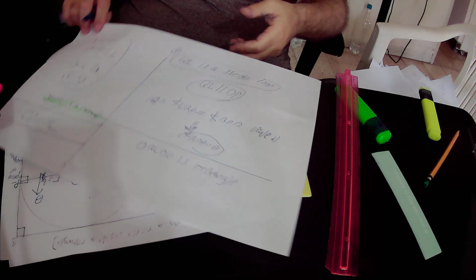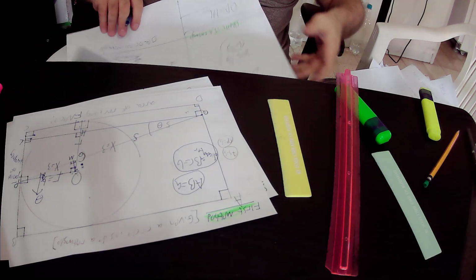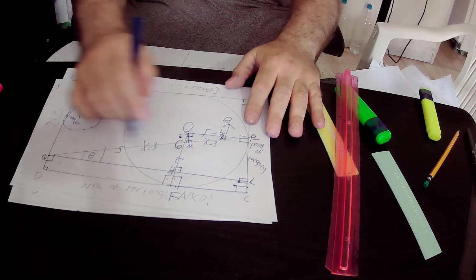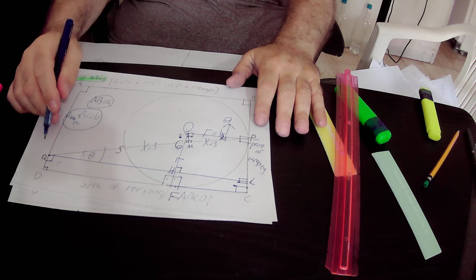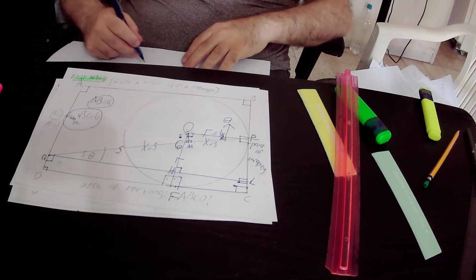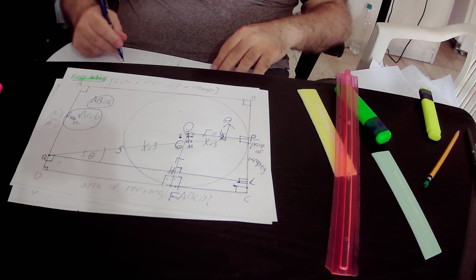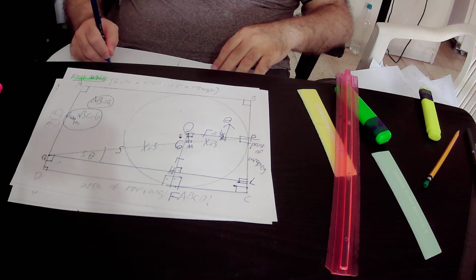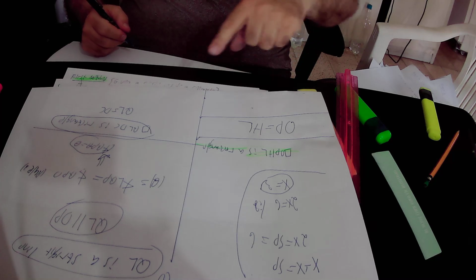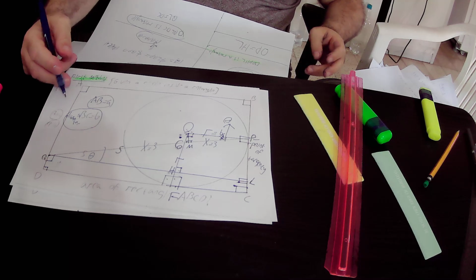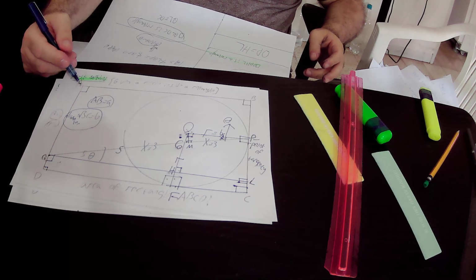And we also know that the opposite sides of a rectangle are equal to each other. That is to say, side QL must be equal to the opposite side DC. In rectangle QLDC, QL equals DC, according to the rule that the opposite sides of the rectangle are equal to each other. But we know that ABCD is a rectangle, and the opposite sides of rectangle ABCD are also equal to each other.